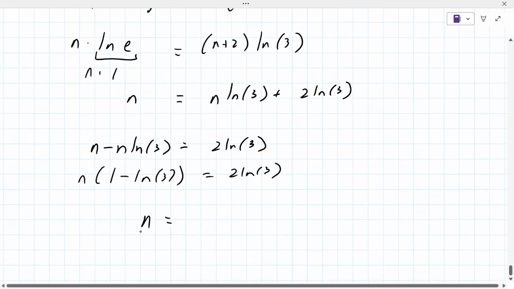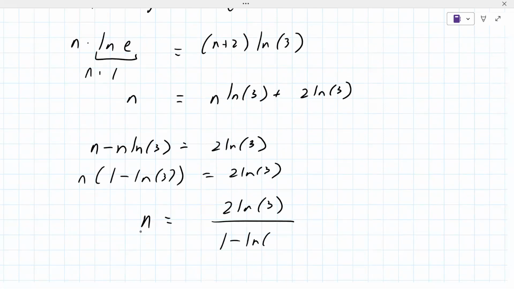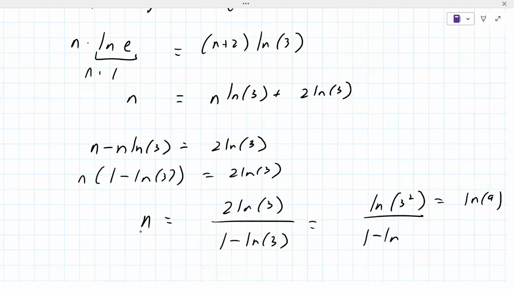So your final answer is 2 natural log of 3 over 1 minus natural log of 3. Sorry, that's not right. That 2 goes in with the 3, so you might see it as natural log of 9. You might see that, especially on a multiple choice. So you have to know all the different ways to present the answer.